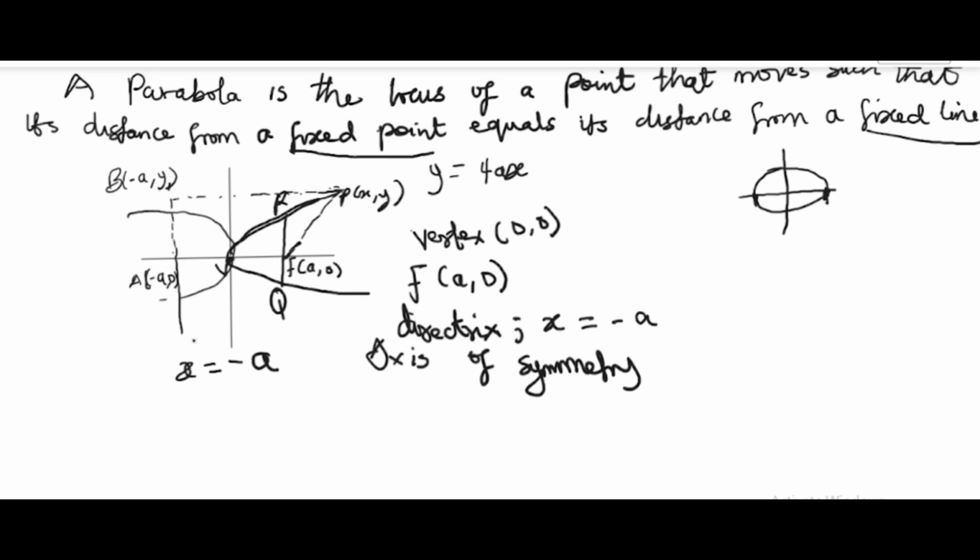Since this parabola is on the x-axis, where do you think this parabola is being divided into two equal halves? It is this line, the x-axis. That is our axis, just like the line of symmetry. So this line divides this parabola into two equal halves.